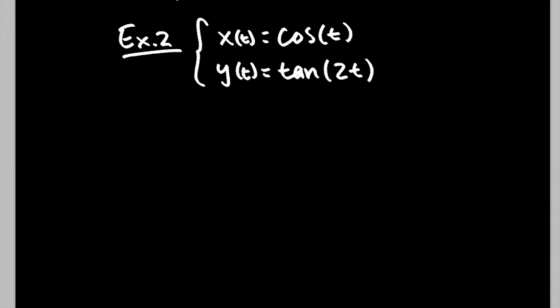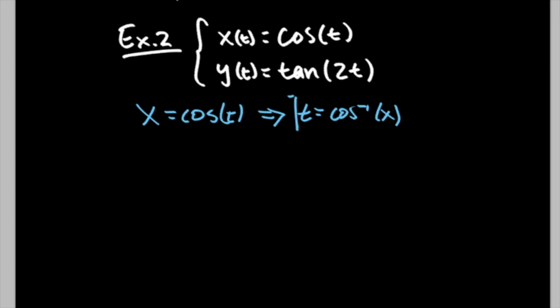All right, let's try this one. So we can basically apply the same concept. x equals cosine of t. How do we get t alone? We apply cosine inverse to both sides. And remember, that's cosine inverse of x, not times. All right. Well, now we have t, and we can plug that, again, directly in for the other t.